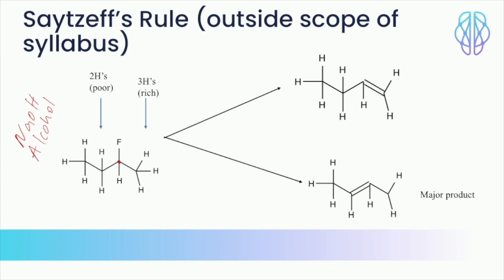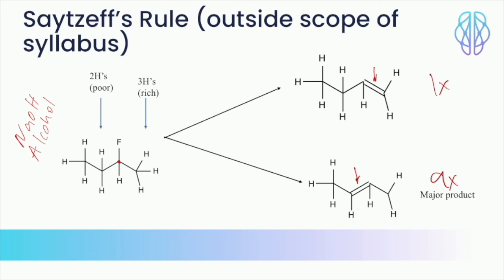Sodium hydroxide in an alcoholic solution with a secondary haloalkane will give us an elimination reaction. And that's what he found. However, he found that there were 2 products. There was a major product, which was formed 9 times more than this product up here. And the only reason why they differed is where the double bond was.